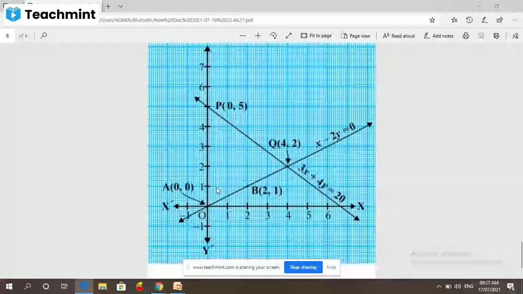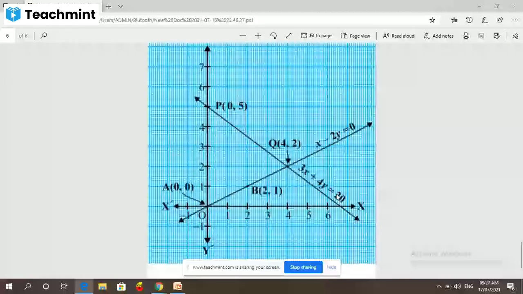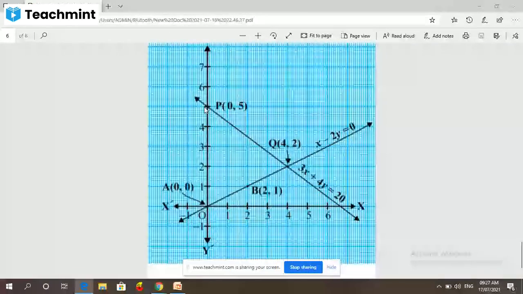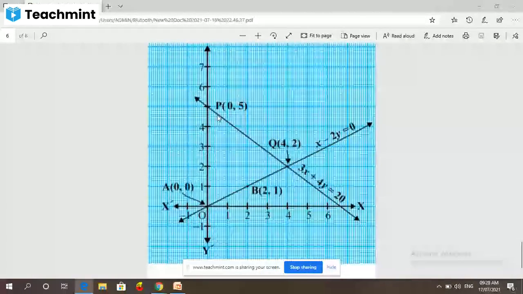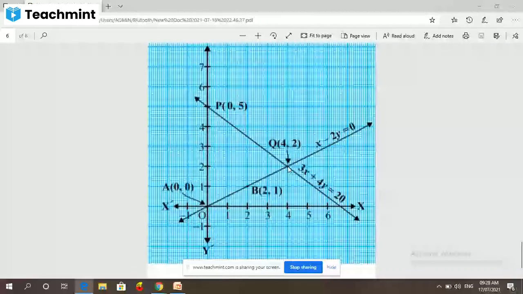You all know how to locate the points on the graph paper. Okay, so next let us take 3x plus 4y is equal to 20. That solution you have to plot on the graph paper: 0, 5, then 4, 2. When we draw the line, we'll get the line like this. So what you are observing is that both lines intersect at one common point.